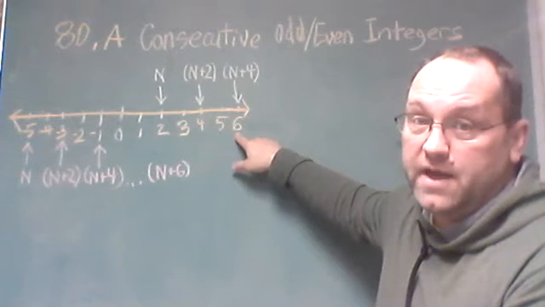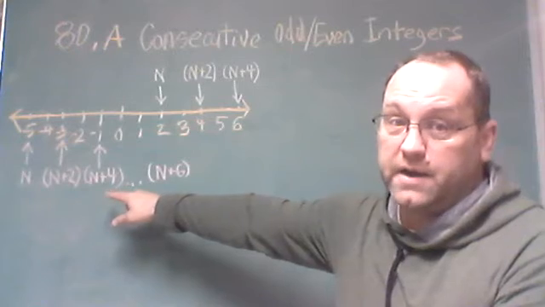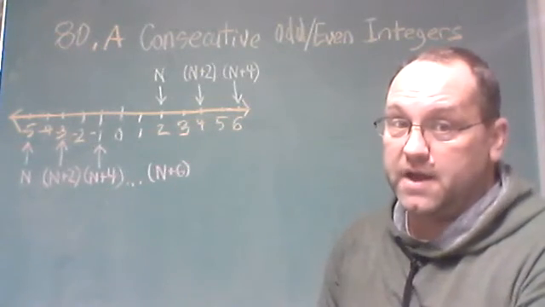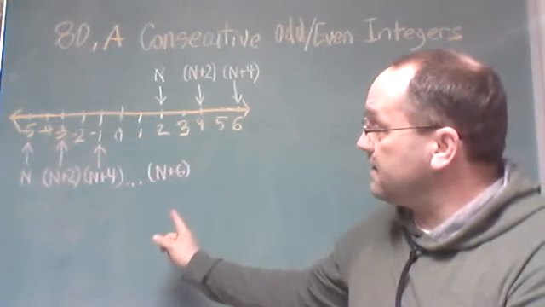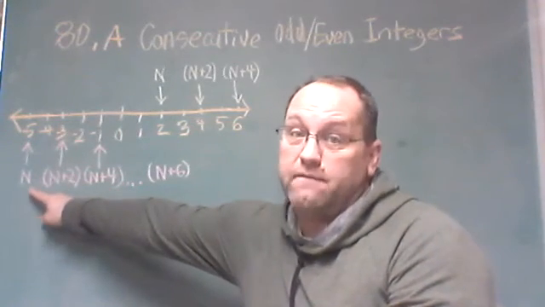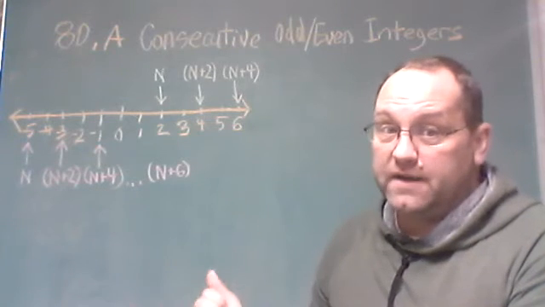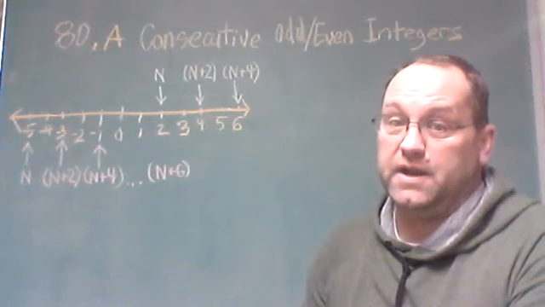So see how we do that? Interestingly enough, if we use it for odd integers, and again, this applies to both sides of the number line, negative or positive, if we use n for an odd integer, say -5 way over here, the next odd integer to the right of that would be -3.